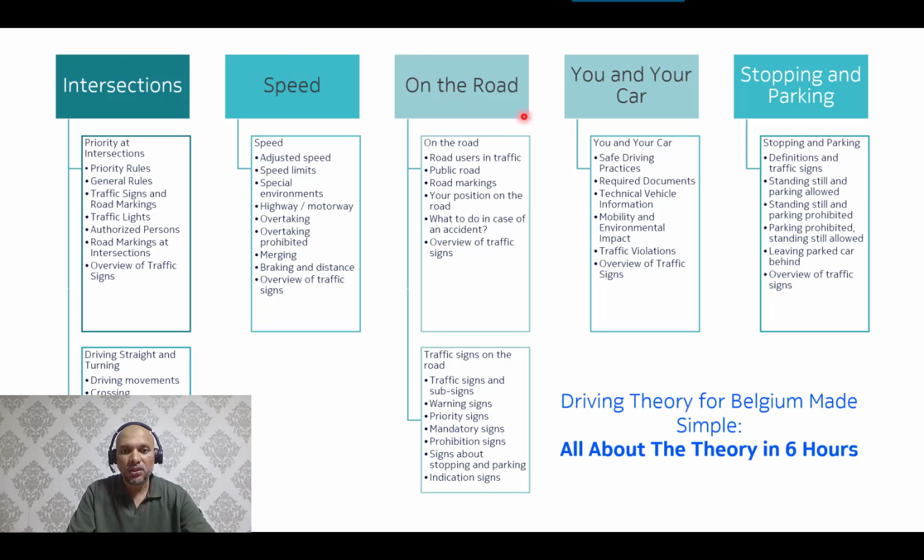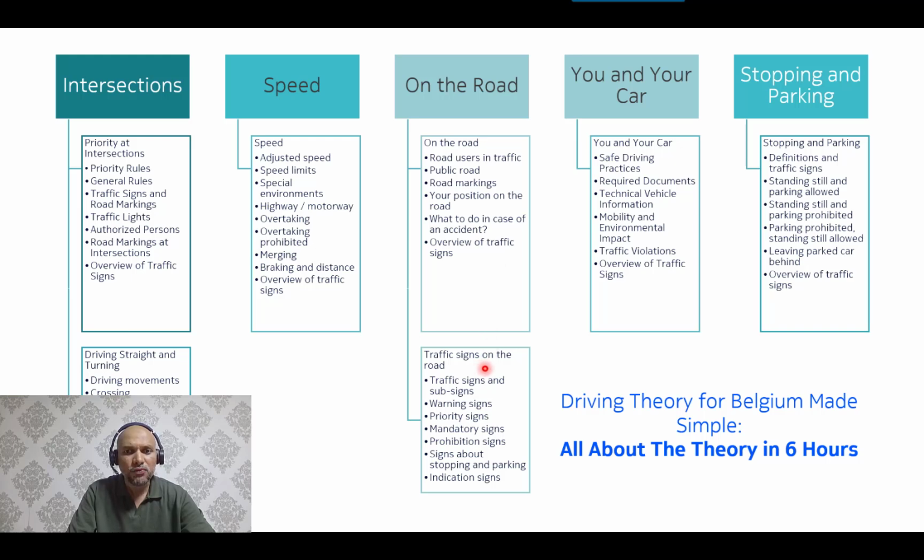Here again we have 2 topics, on the road and traffic signs on the road, which is very important. On the road, we need to understand what road users are, who a pedestrian is, who a driver is. We will then understand the parts of public road markings, how you should position your vehicle on the road, what do you do in case of accident, and then we will look at the traffic signs.